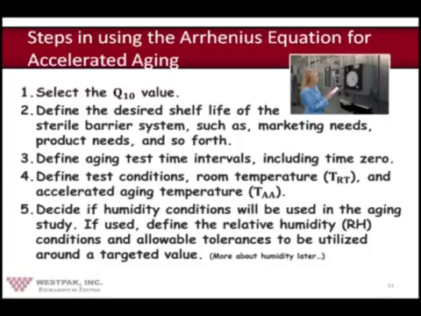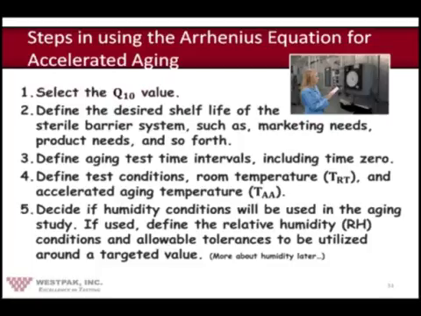Then you define your test conditions, your room temperature and your accelerated aging temperature. Now, room temperature is interesting because some people say, well, it must be 21 degrees C. No, I like to be a little bit warmer, etc. ASTM F1980 says use a temperature between 20 and 25 degrees C. So almost always you find those temperatures used.